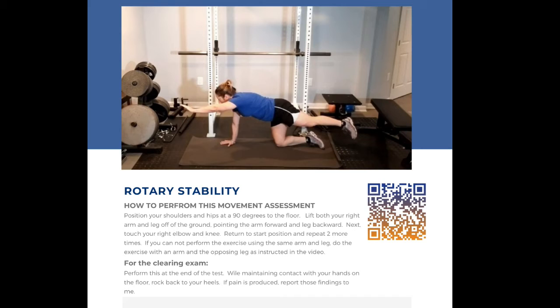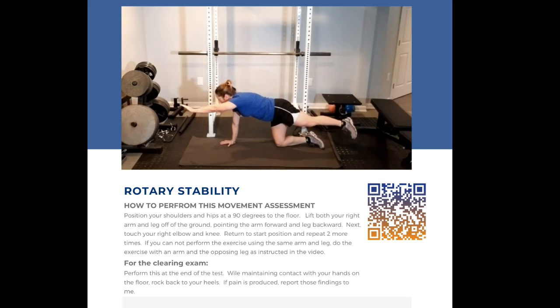The sheets that you see on the screen, that is the actual workbook PDF that you will receive for your movement assessment exercises. If you look on the right-hand side of the screen, there is a QR code. That code will lead you to the YouTube video that displays the exercise so you can watch how to perform the exercise. You can hear the verbal cueing that I'll give you on how to do the test.